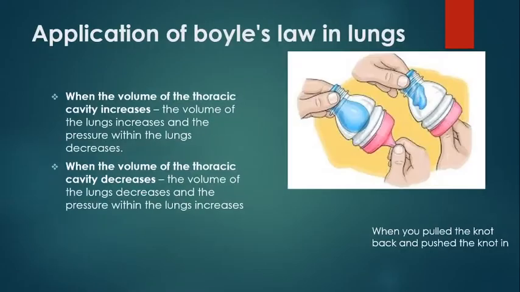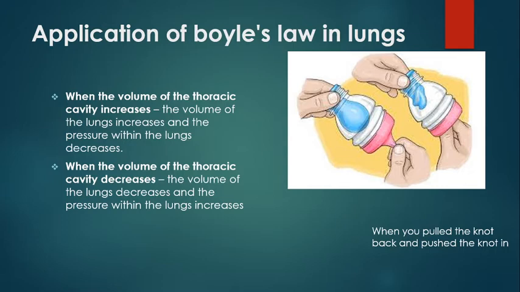So, the application of Boyle's law in the lungs. We already understand Boyle's law. When the volume of the thoracic cavity increases, the volume of the lungs also increases. The seal of pleural fluid ensures that.